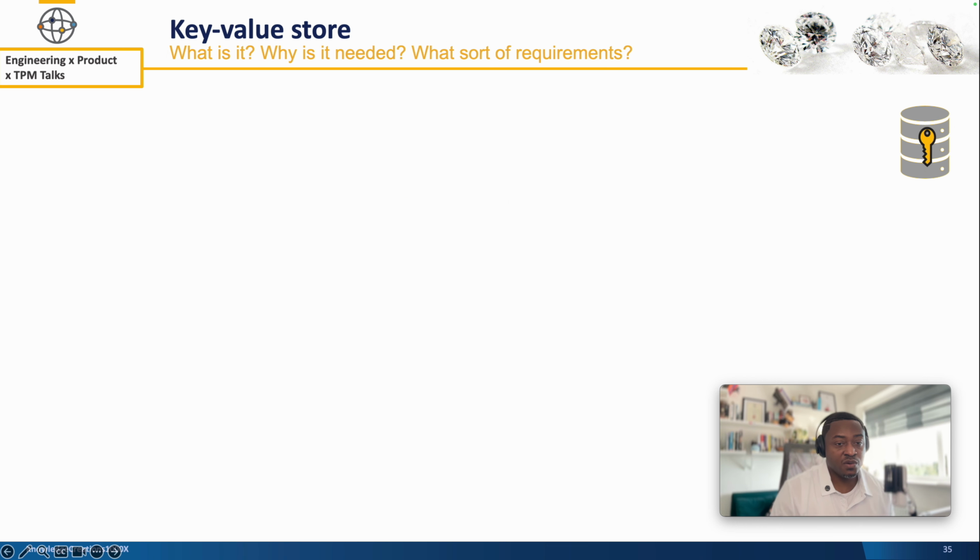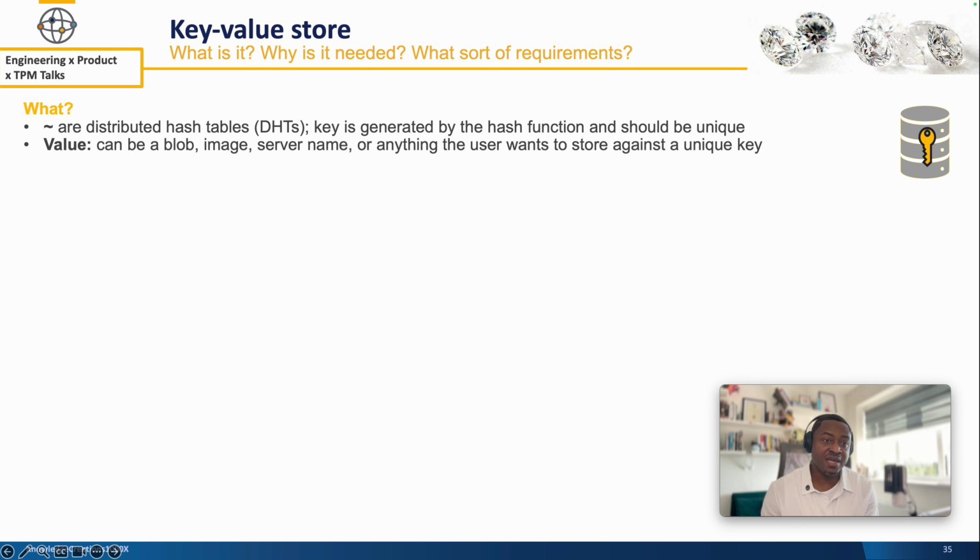So what is a key value store? Key value stores are distributed hash tables, DHTs, where a key is generated by the hash function, and that key should be unique. In a key value store, a key binds to a specific value and doesn't assume anything about the structure of that value.